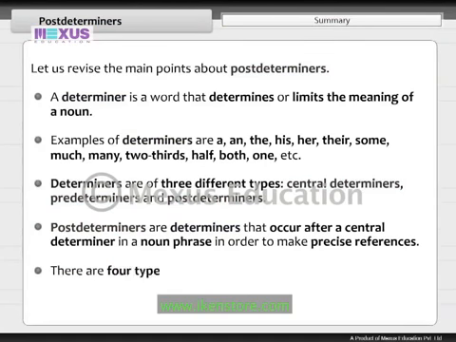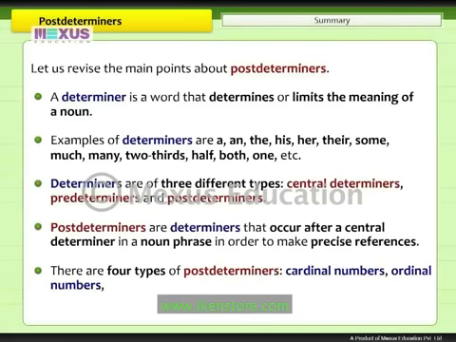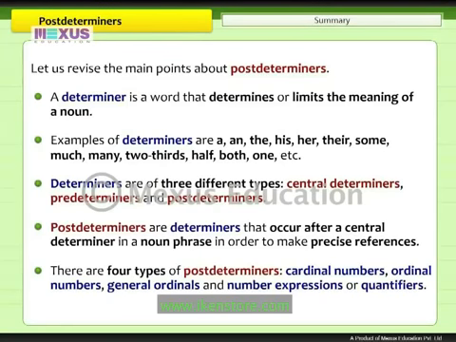Postdeterminers are determiners that occur after a central determiner in a noun phrase in order to make precise references. There are four types of postdeterminers. They are cardinal numbers, ordinal numbers, general ordinals, and number expressions or quantifiers.